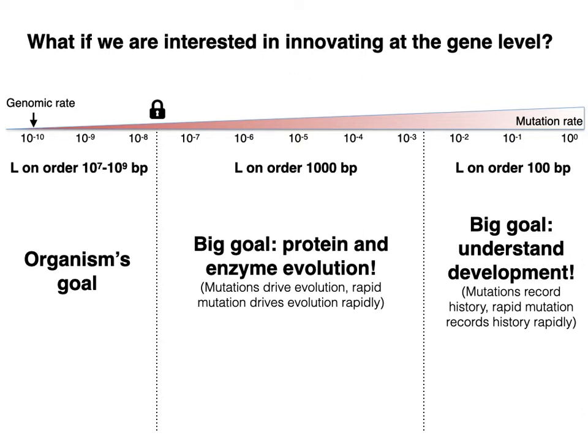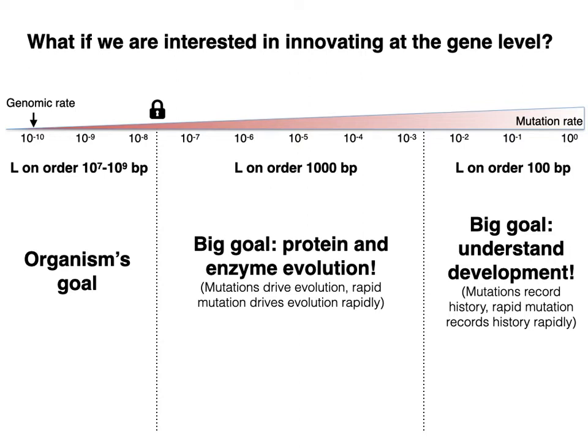Or suppose you are interested in developmental biology. A very neat feature of evolution is that mutations are not just a source of innovation, but also a record of descent. So you can compare mutations in two different species and figure out how they are related to each other.